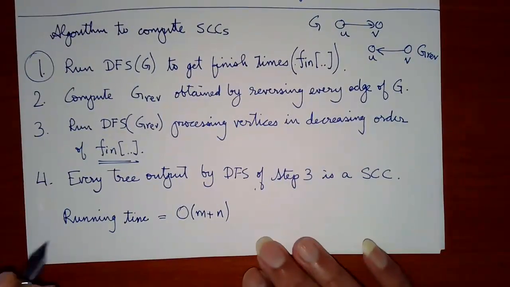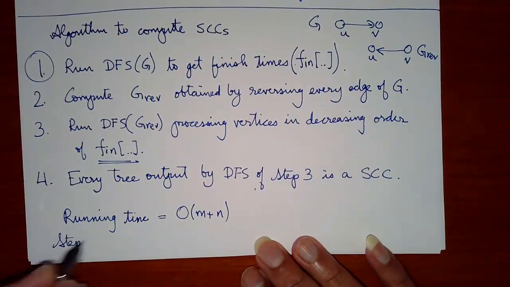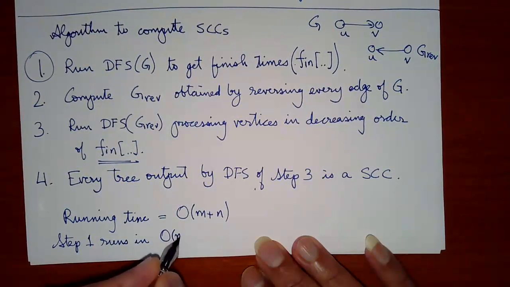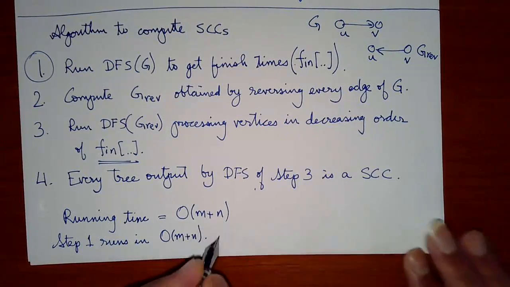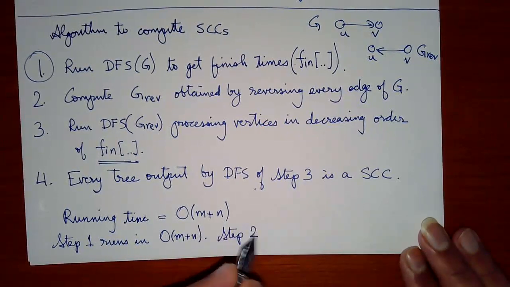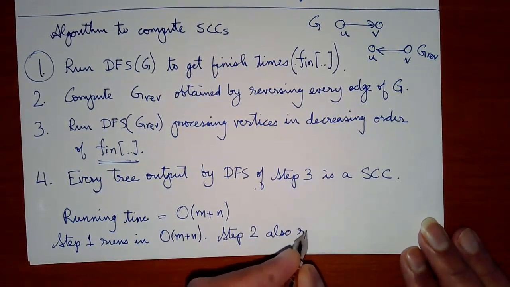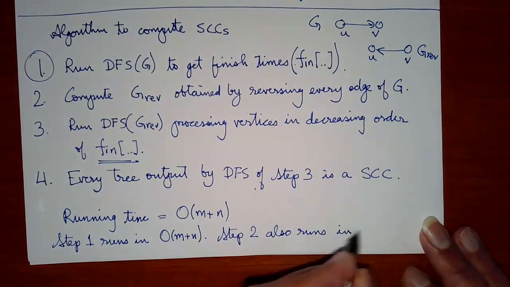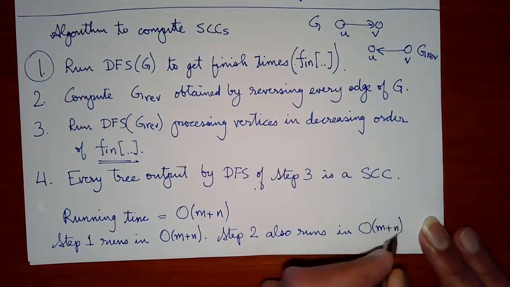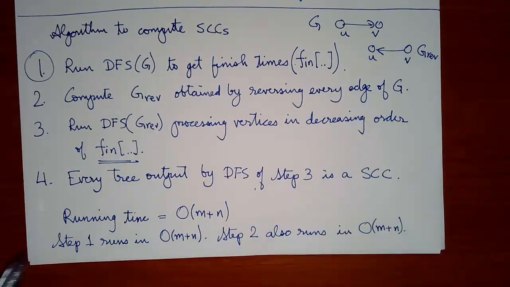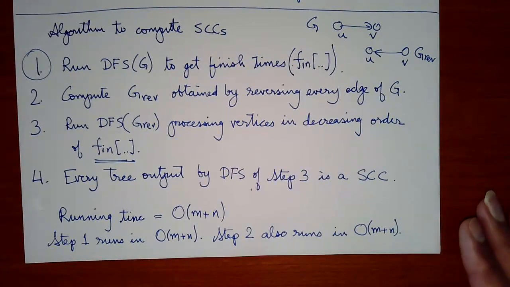Just to be clear, step 1 runs in O of m plus n, and step 2 also runs in O of m plus n, because you're just reversing a graph. You can just read through the adjacency list and then build a new graph.